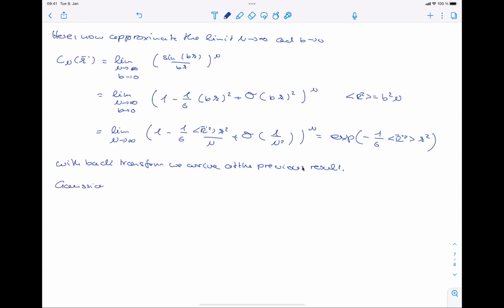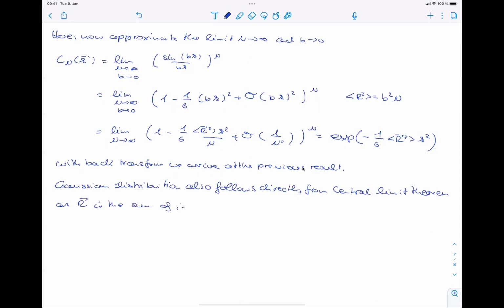So the Gaussian distribution follows from the central limit theorem, as R is the sum of identically distributed independent random variables.